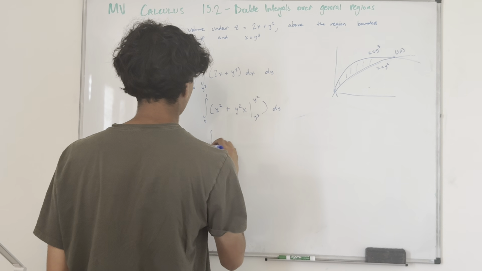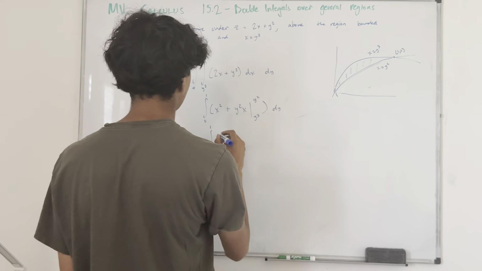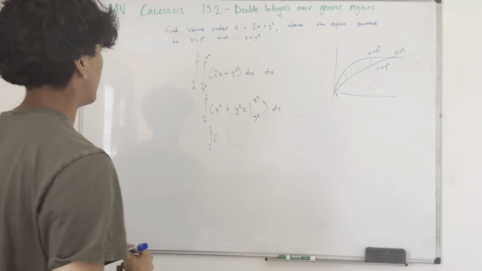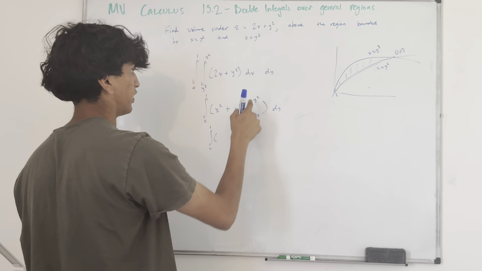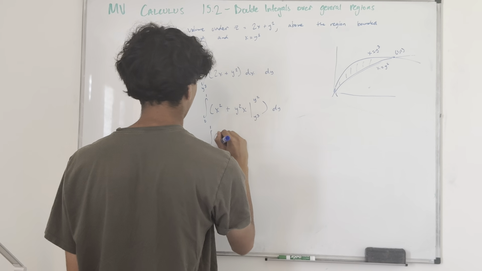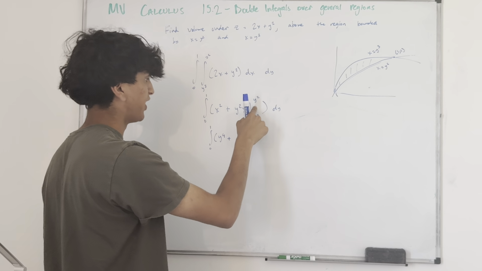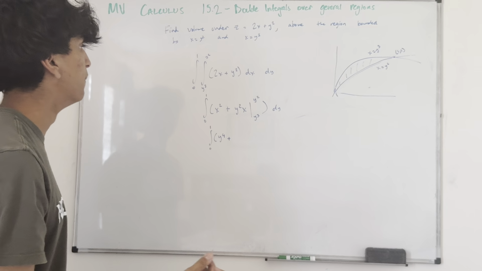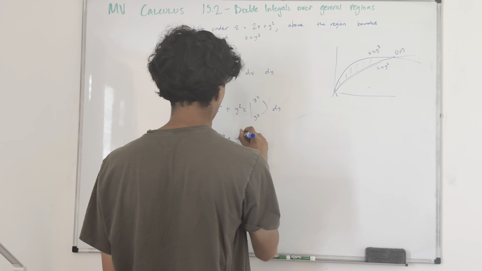So from 0 to 1, I'm just substituting in my y squareds. For x, y squared squared is y to the 4th, plus y squared times y squared is also y to the 4th.